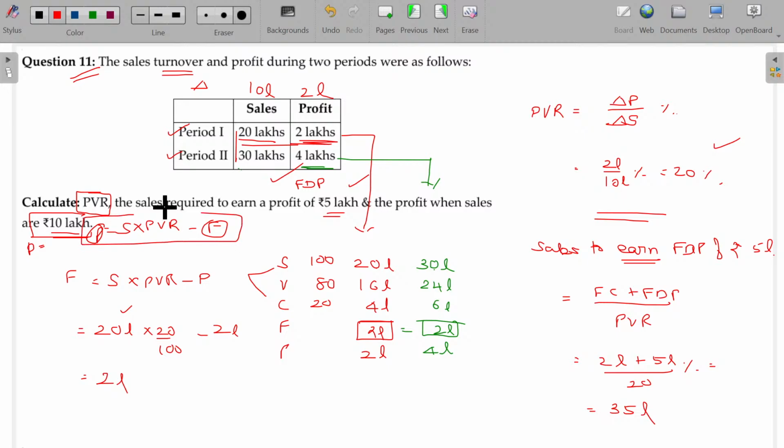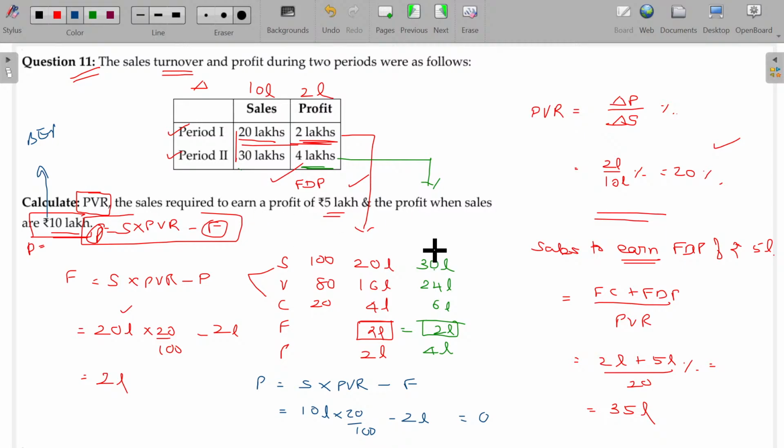Profit is equal to sales into PVR minus fixed cost is the formula. So, profit is equal to sales into PVR, this is the contribution, minus fixed cost is subtracted. Sales being 10 lakhs, PVR being 20% and fixed cost being 2 lakhs. So 0. Then this 10 lakhs is nothing but BEP.